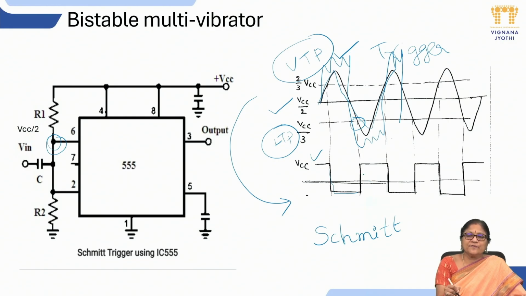So this can be used for converting any noisy pulse, or it can produce two stable states. This is one stable state, on, and this is another stable state, off. So this produces two different stable states. Basically this can be used for converting any noisy pulses into clean pulses. This is the basic application of the bistable multivibrator.